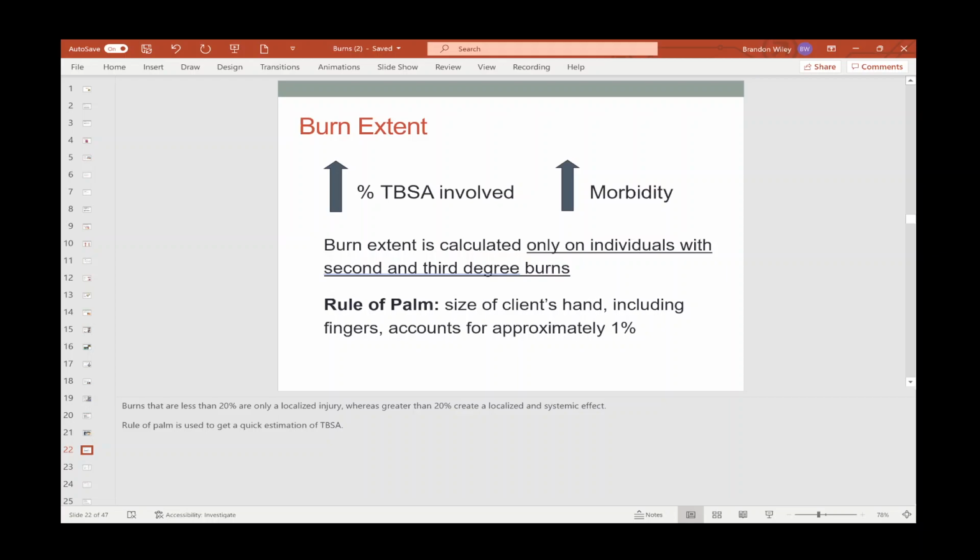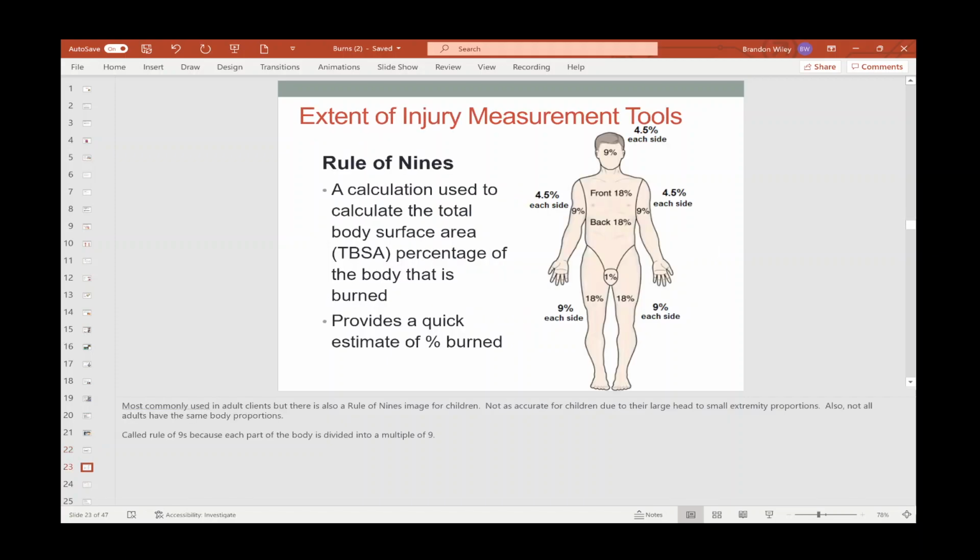The head, all of the head, the whole head is 9%. So if I only did my face, what's that? 4.5, okay? The whole front is 18%. So if I just did from belly button down, what is that? 9, okay? If I did only front side of my arm, how much is the front side of your arm? 4.5.